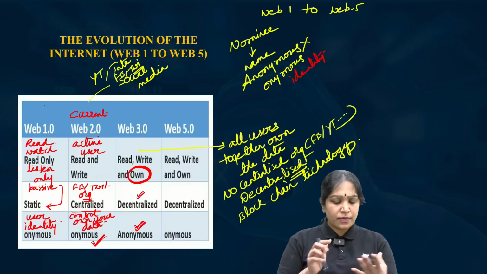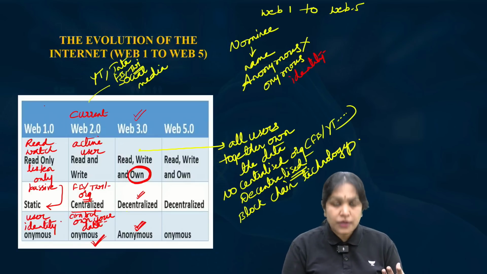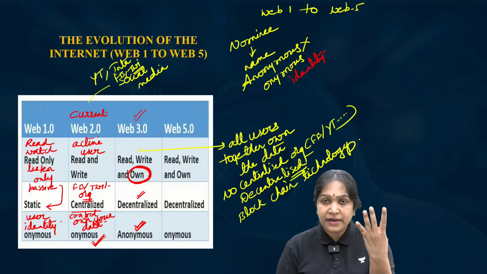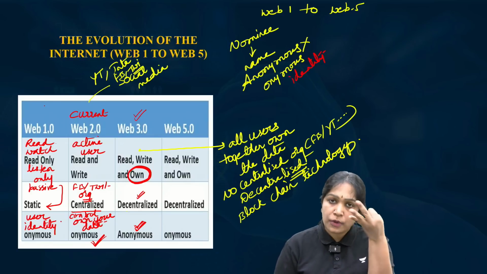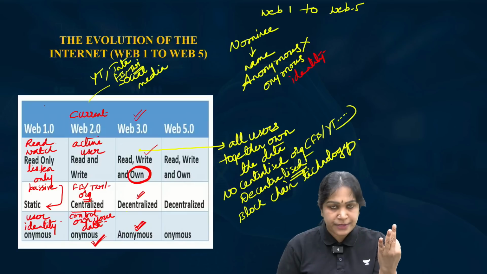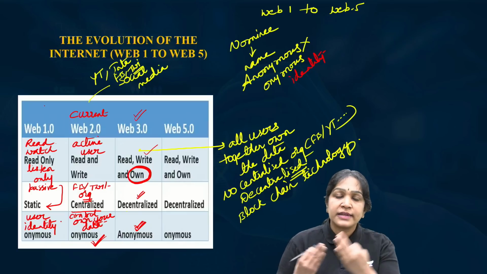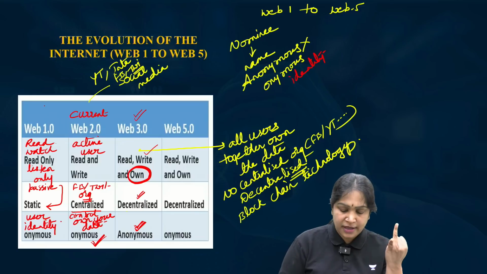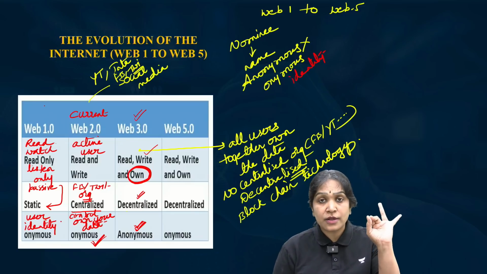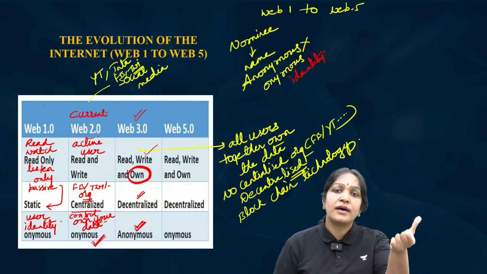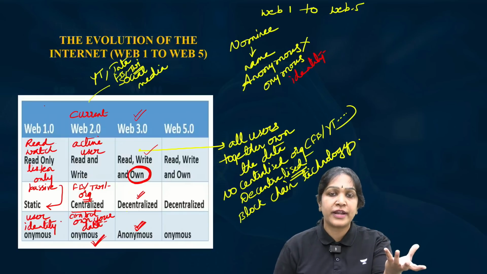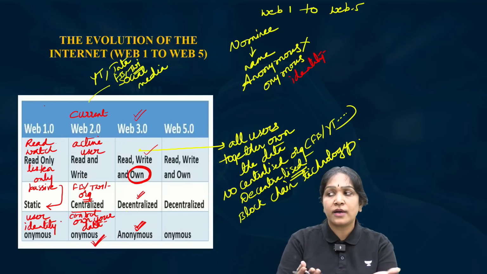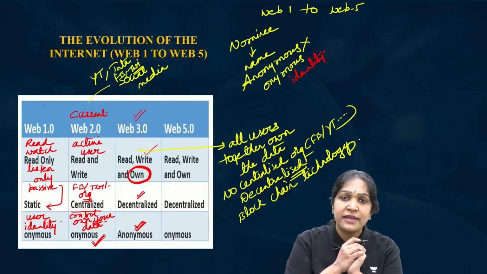I repeat, in Web 3, you can watch a video, I mean read. You can upload a video, I mean write. Or you can interact with the video: like, share, comment. Plus, you can also own your data. You will also own your video. Once I have uploaded, now the YouTube organization owns my video.